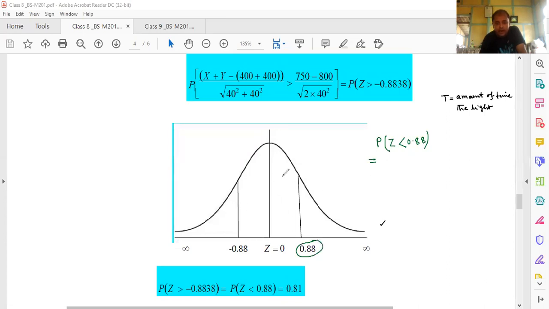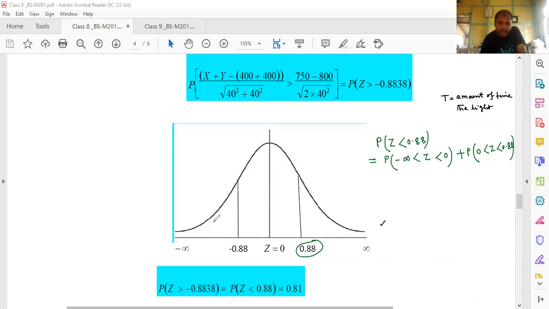Now I can find the probability of this area if I can break it, it can be found in various ways. One of the ways is if I can write it as area lying under -infinity and 0 plus area lying between 0 and 0.88.